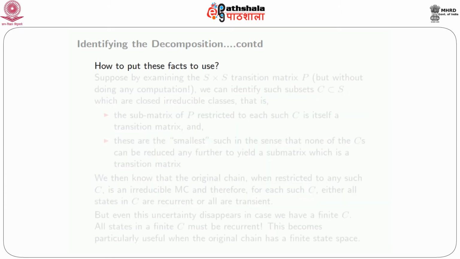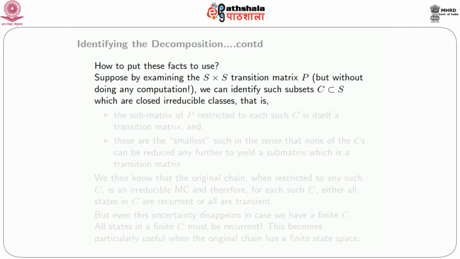So now let's see how we can put these things to use. Suppose by examining the given original S cross S transition matrix P, by just examining it, but emphasize without doing any computations, suppose we can identify such subsets C in S, which are closed irreducible classes. We'll see how.